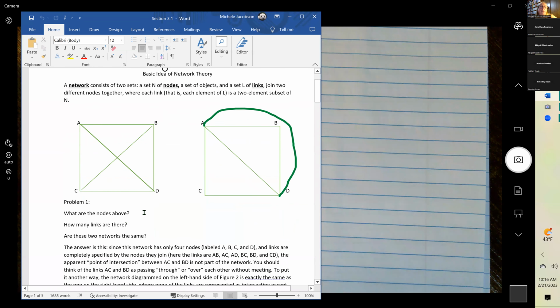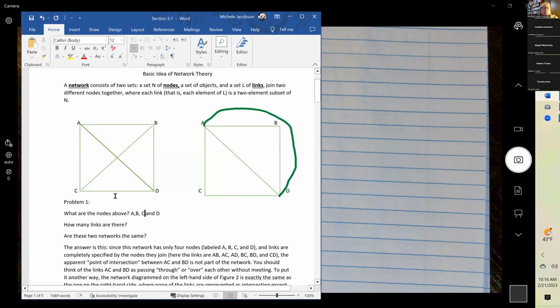So what are the nodes above? The nodes would be A, B, C, and D. Any questions on that part? How many links?